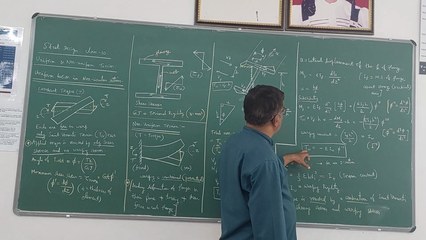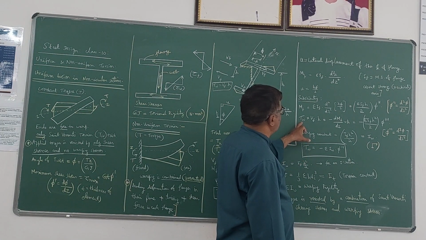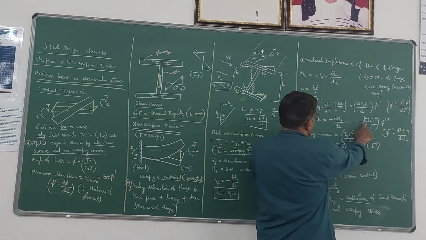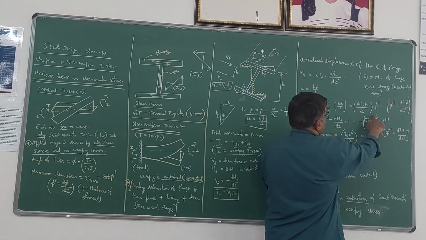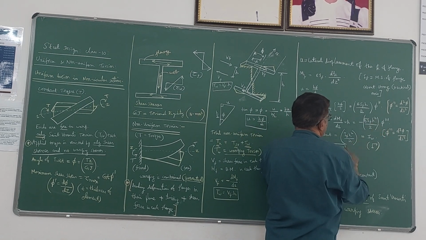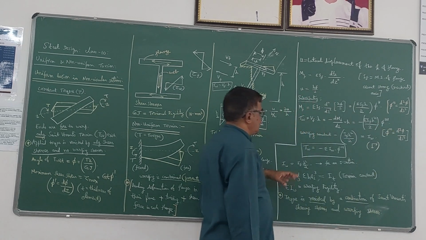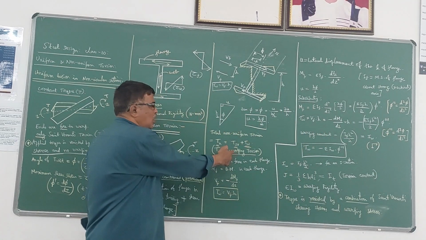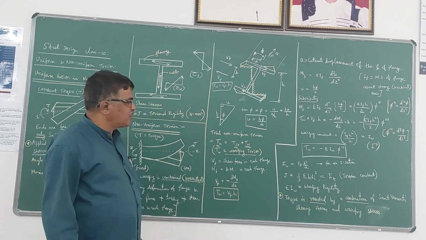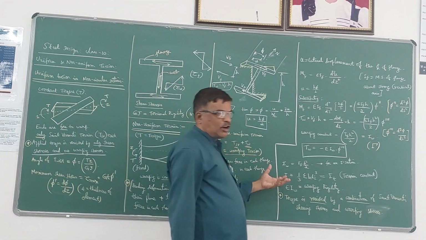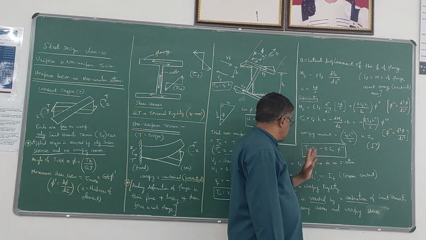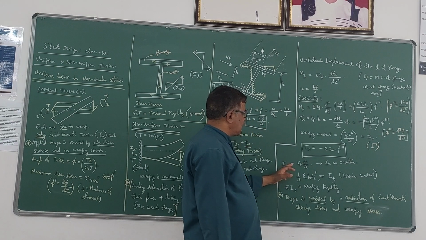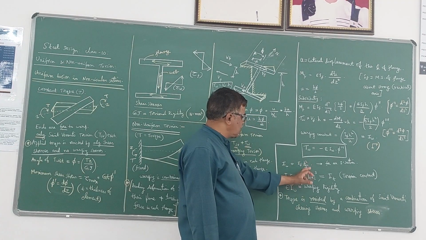Therefore finally we can write Tw is equal to minus E into IW into phi triple dash. So this is the expression for the warping torsion. If they ask you to derive the expression for warping torsion, you have to do up to this. And IW for an I section is given by IF into h square by 2.